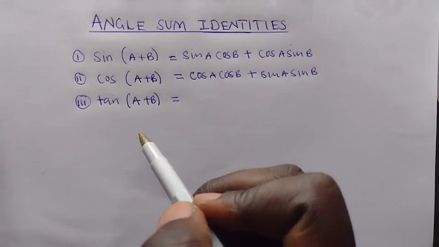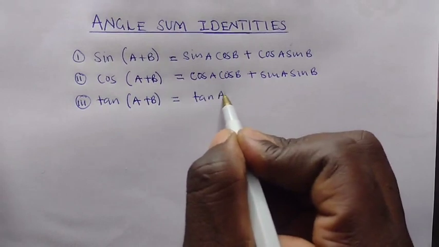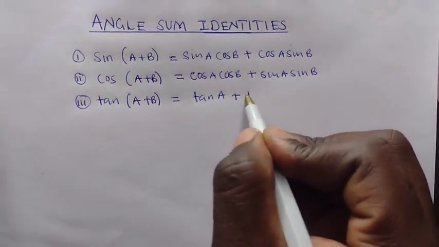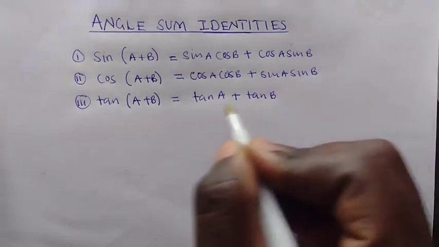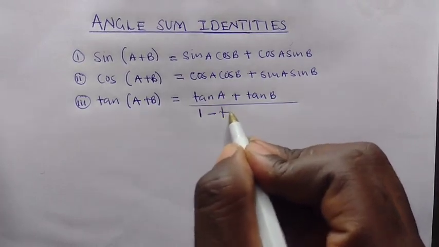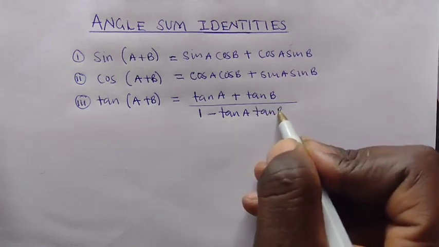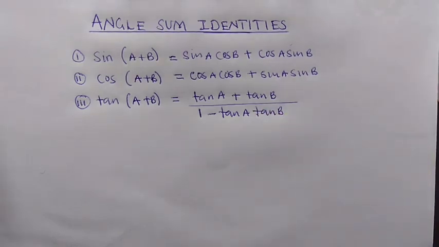For tan, we'll get tan A plus tan B over 1 minus tan A tan B. So these are the identities for addition: sine, cos, tan. Make sure that you know these identities. They will help you to answer certain questions.